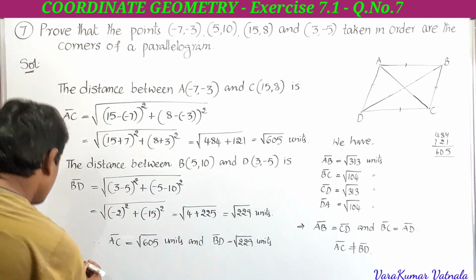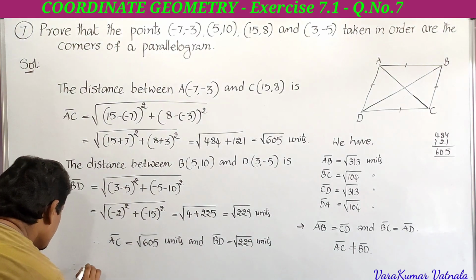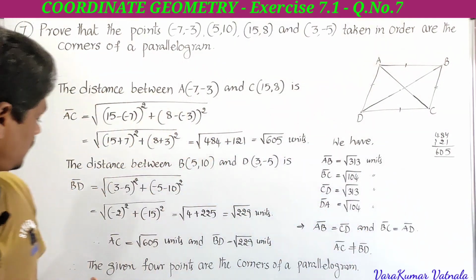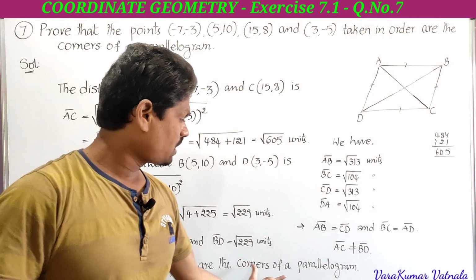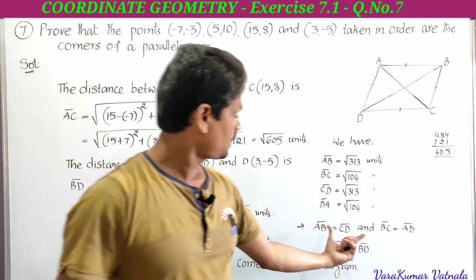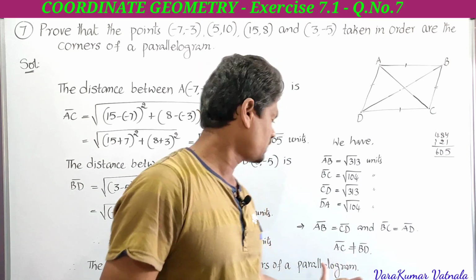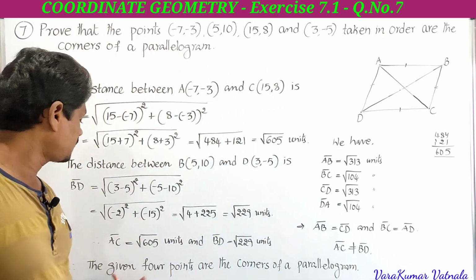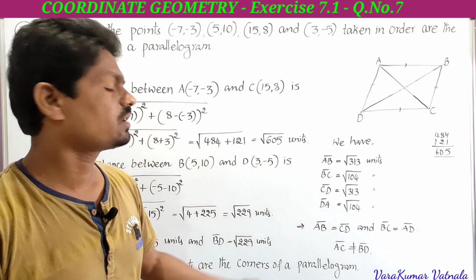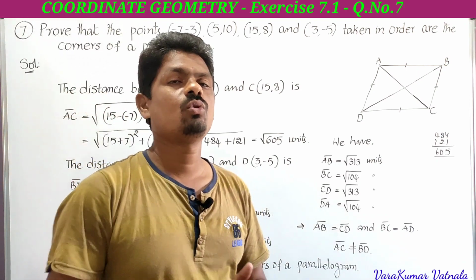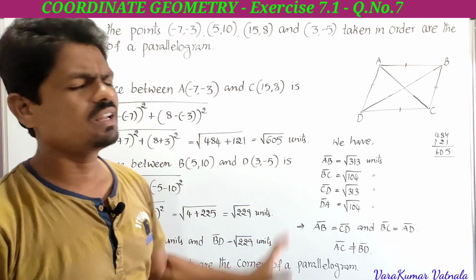Therefore we can write: the given 4 points are the corners of a parallelogram, since the opposite sides are equal and the diagonals are not equal. Very important, and very easy.